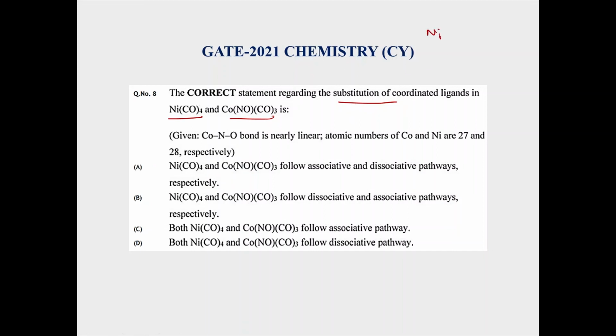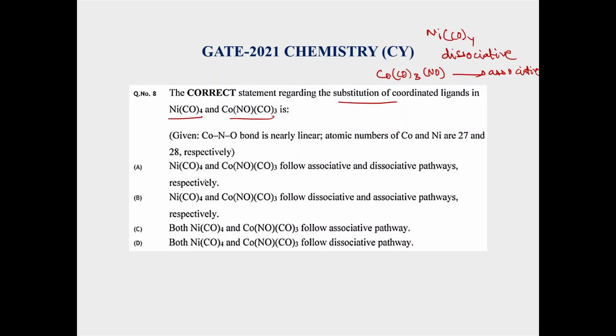For nickel tetracarbonyl complex, we found out that the ligand substitution will go via dissociative mechanism, and for the cobalt complex, just because of the presence of this nitrosyl ligand, which can change its donation from 3 electron to 1 electron, it is becoming a 16 electron complex from 18 electron complex and therefore preferring associative mechanism for ligand substitution.